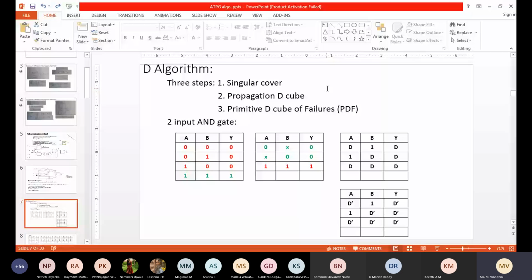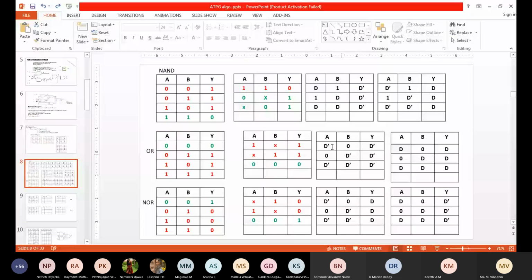In yesterday's class, we discussed how to get the singular cover and propagation D cube for 2 input AND gate, for 2 input NAND gate, OR gate, NOR gate. Any doubt in this? Do anybody have any doubt? Please ask me.